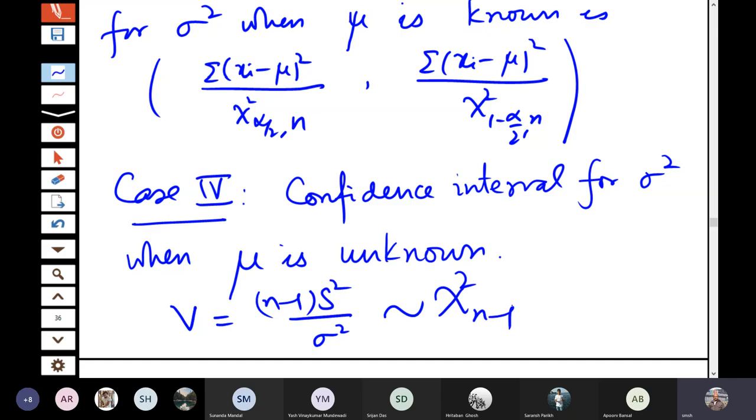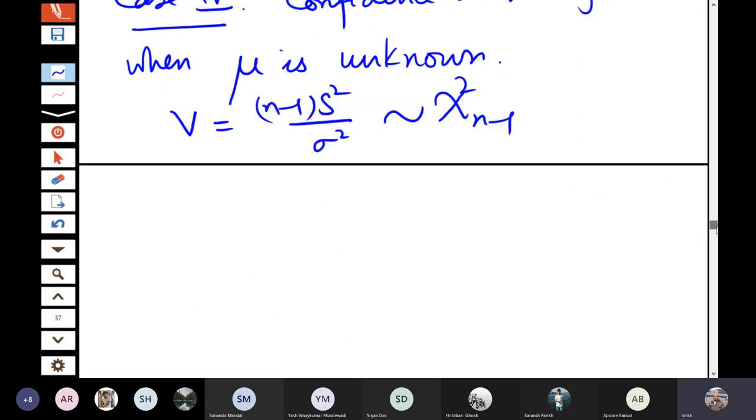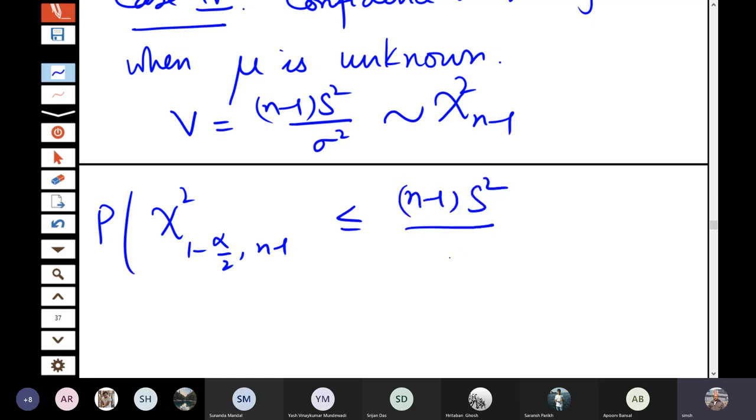So we will make use of this as a pivot quantity. So probability of chi square 1 minus alpha by 2, n minus 1 less than or equal to (n minus 1) s square by sigma square less than or equal to chi square alpha by 2, n minus 1, that is equal to 1 minus alpha.